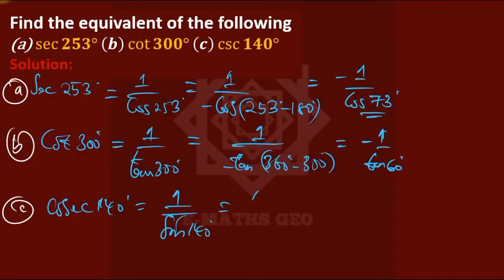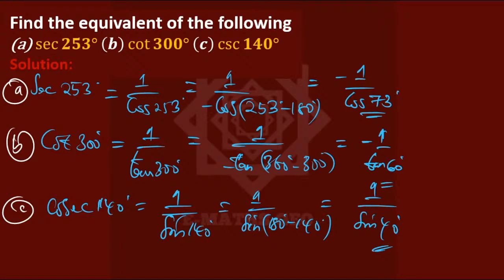Cosec and sine are positive there, so we retain the positive. And we now subtract the given angle from 180. So the answer is 1 over sine 40. So that's the equivalent. So that's how we use quadrants.